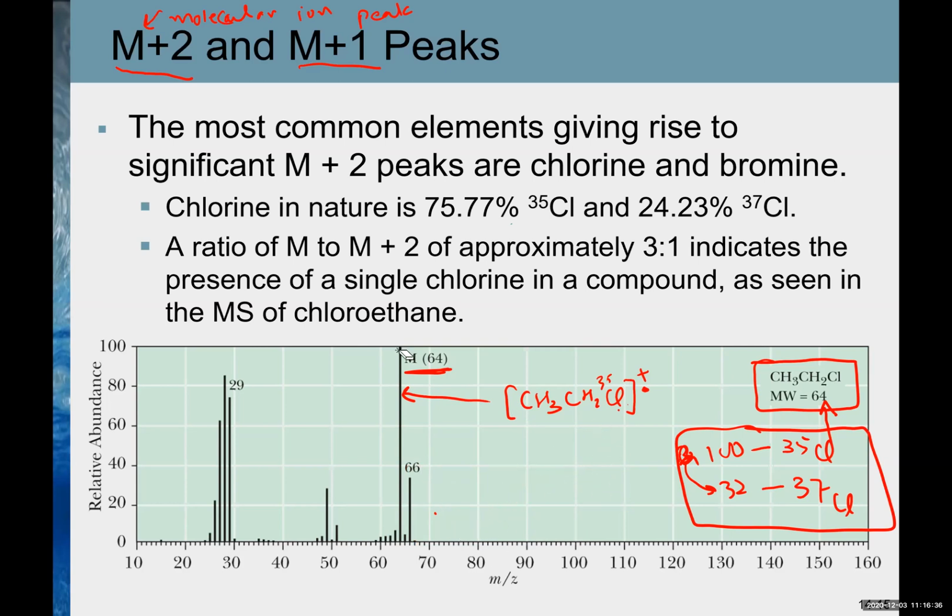So whenever we have chlorine, we will get an additional peak. We need to know that this behavior is typical of chlorine. So two peaks will be obtained. This one will be the normal molecular ion peak, and this one will be the heavier isotope M plus 2 peak.